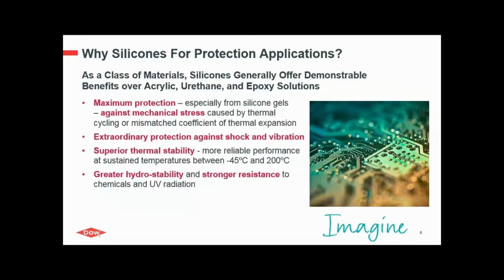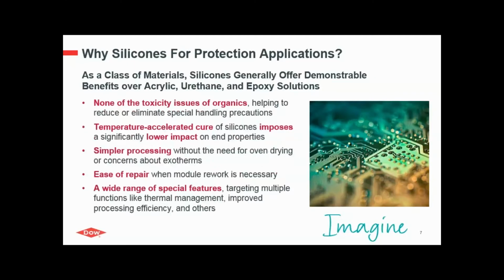And what is well known for silicones is their thermal stability. So indeed they are able to provide a reliable performance at sustained temperatures between a generalized temperature range of -45 to 200 degrees with the potential to extend in both directions. They also do have a great hydrostability and a strong resistance to a wide range of chemicals and especially to UV radiation. Overall, they do not have the toxicity issues of organics, which helps to reduce or even eliminate the special handling precautions.